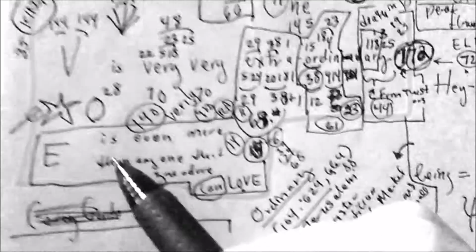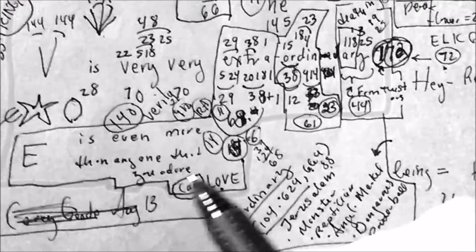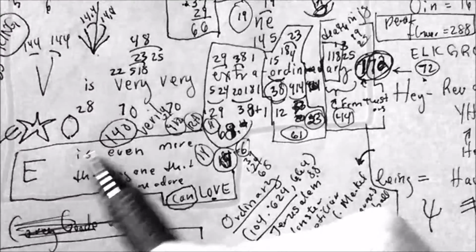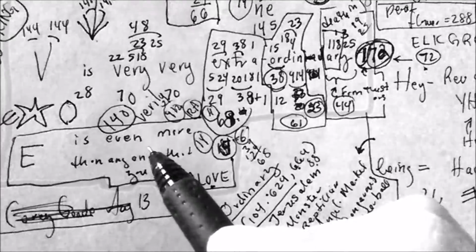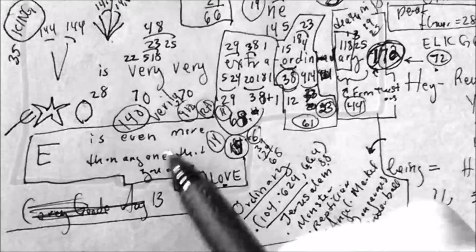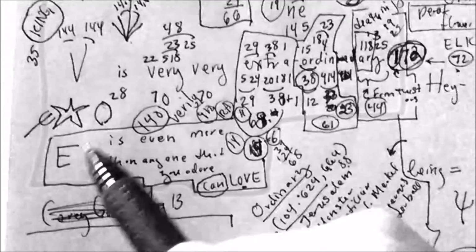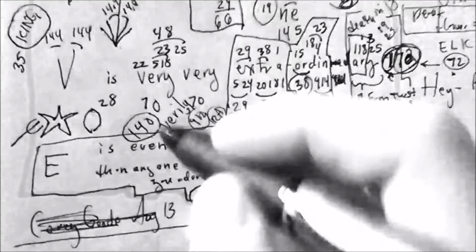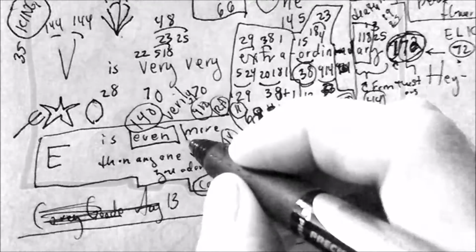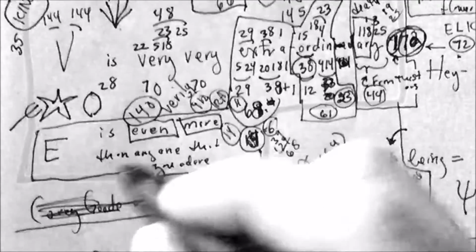Let's go back to E is even more than anyone that you adore can love. I haven't broken this down yet, so I will do this. And if there's something great in here, I will tell you. Otherwise, I'm going to skip it. But here's what the E is. Even is a really important word for you to know. I'm sure that more is, these are just iconic words.